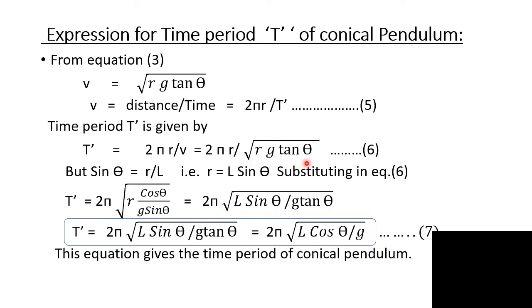We simplify it as T dash equal to 2 pi into square root of r cos theta divided by g sin theta. That is, 2 pi into square root of L sin theta upon g tan theta.